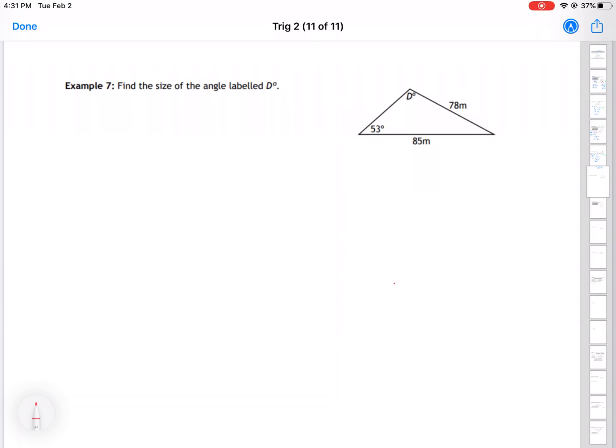Now the process here to find this angle, I am going to first label the other side with A's. Okay, I'll keep using the letter D, so the angle D and side D there as well, and we'll label the other one as B and B.